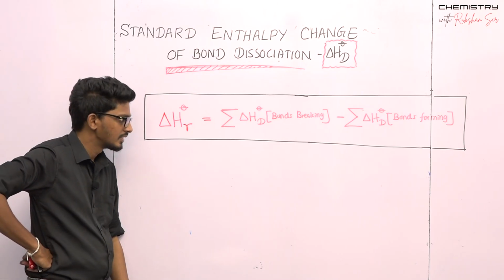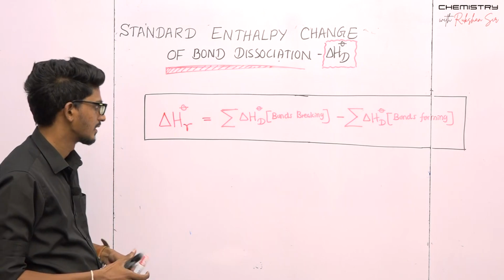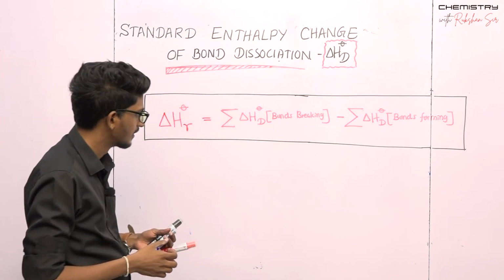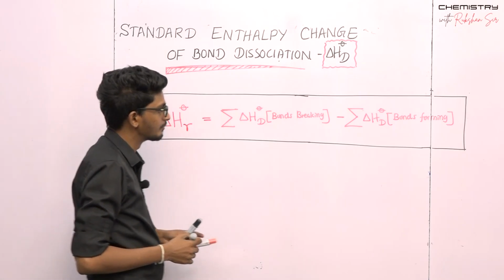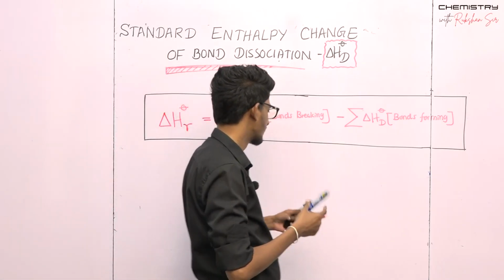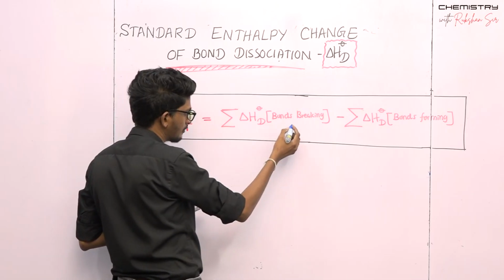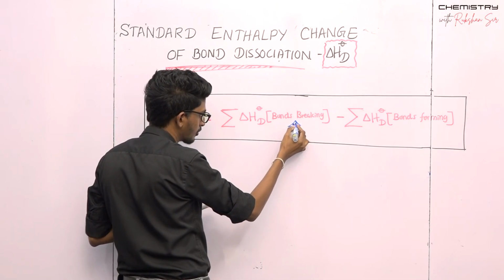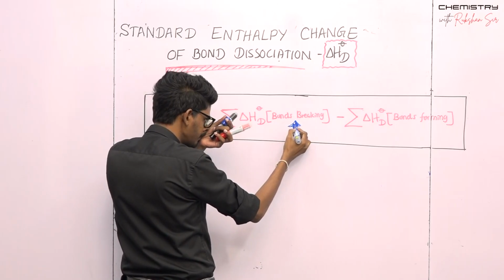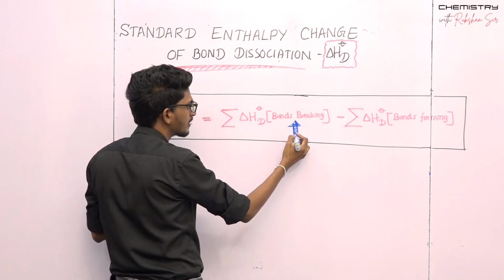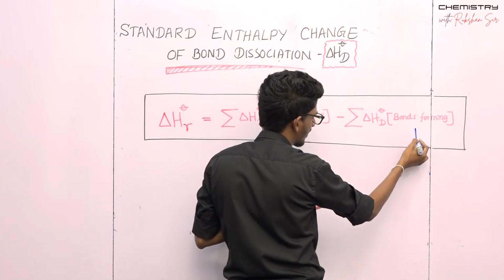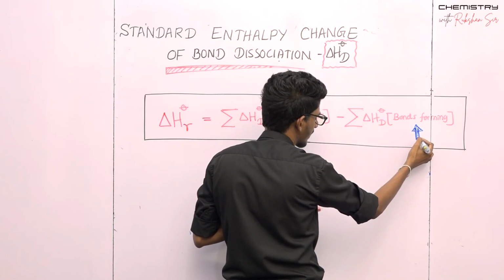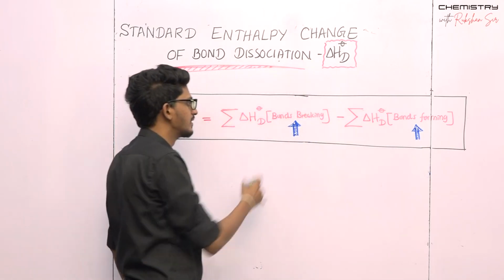Then the next question is, what are these bonds breaking and what are these bonds forming? Let's discuss those things. What are the bonds to break, and what are the bonds to form in your chemical reaction? You should have some idea about that to apply this equation.